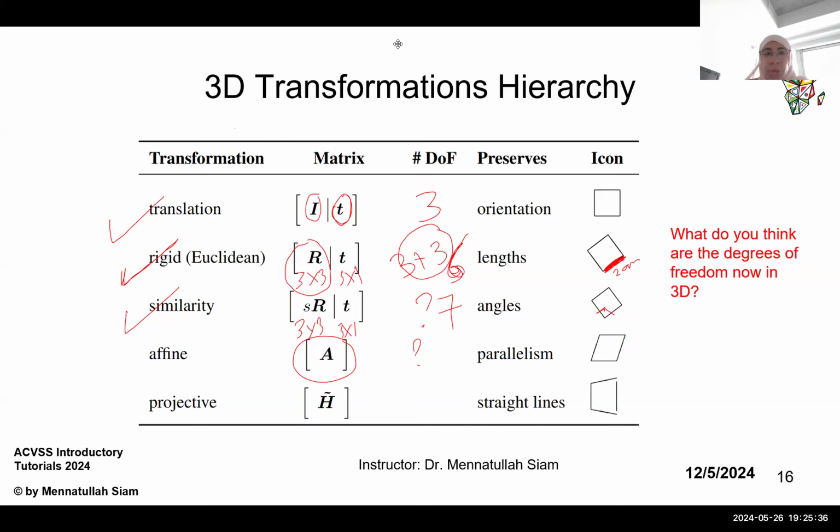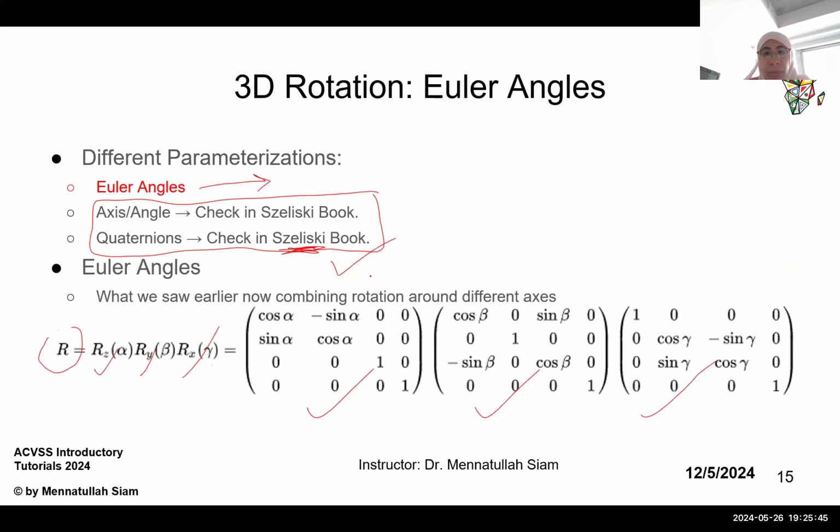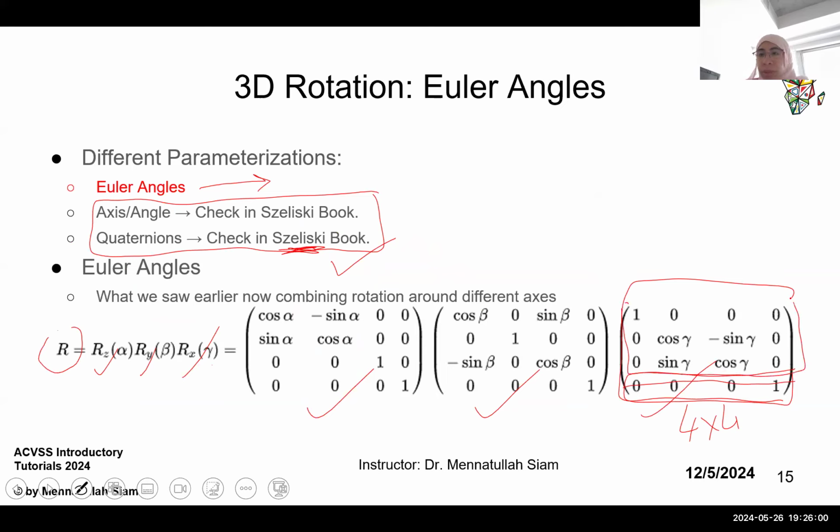I was always showing you that we are multiplying by, so we have here a full 4 by 4 matrix, but if you cut out this part, which is always going to be 0, 0, 0, 1 in an affine, this remains 3 by 4, right?